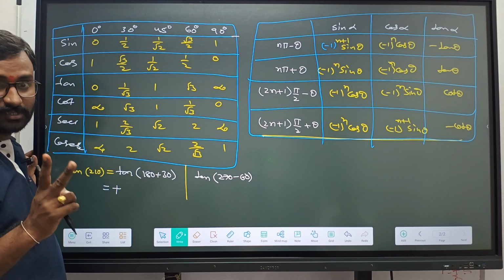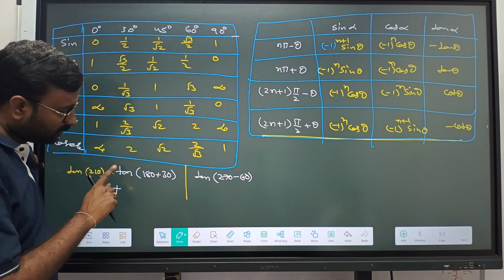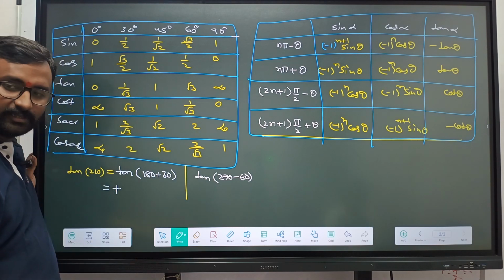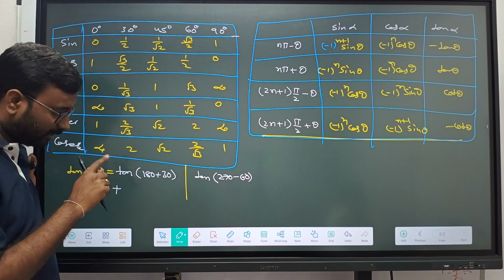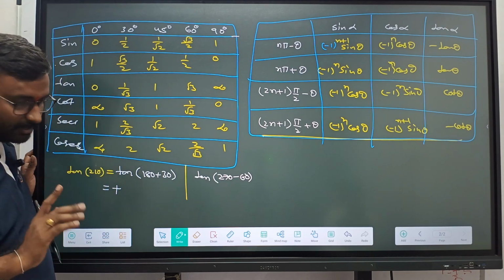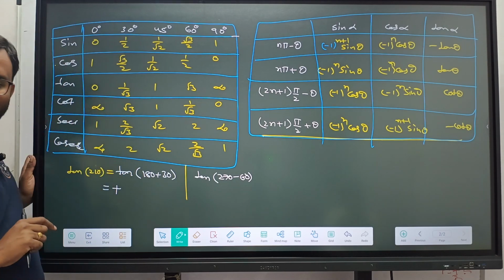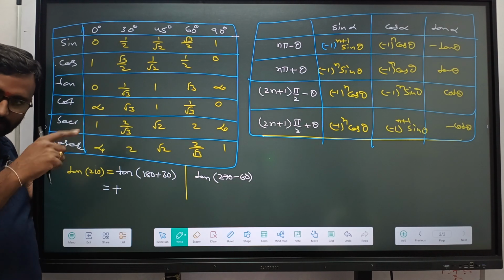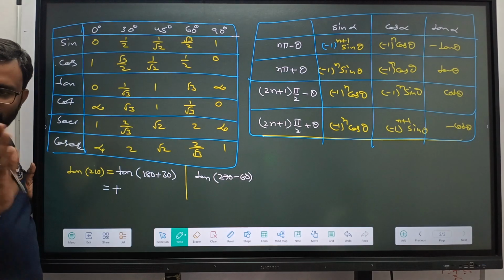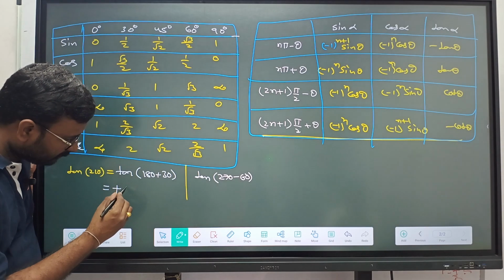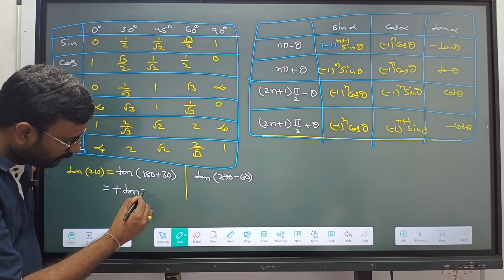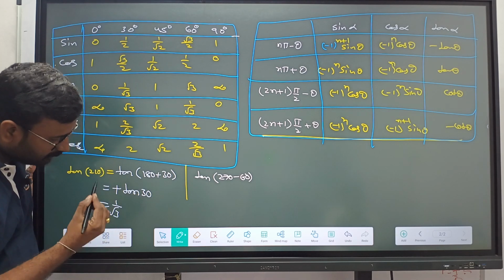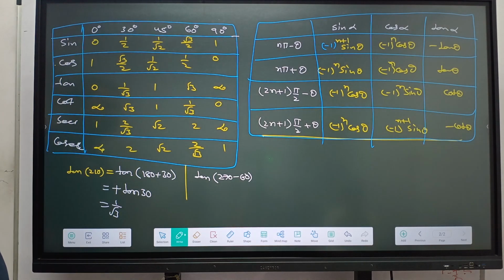Second, on which axis the ratio is changing or not changing. First, tan 210 belongs to quadrant 3, where tan is positive. Is 180 on the even axis or odd axis? Even axis, so no ratio will change. Tan only. What is the angle? 30. What is tan 30? 1 by root 3.